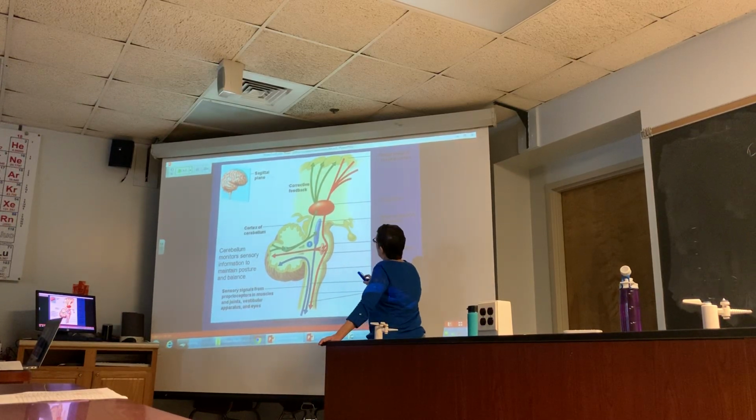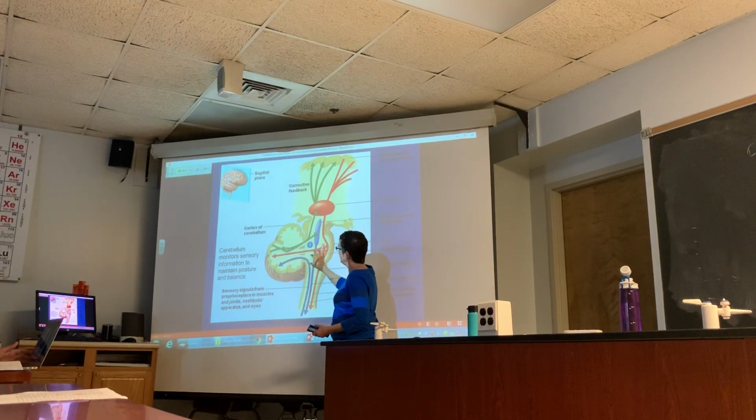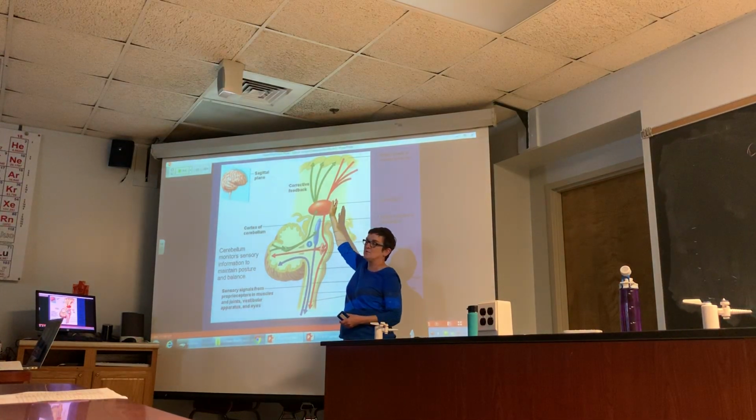But anyway, here is the cerebellum. And the cerebellum cortex is what's doing all this function of monitoring sensory information and then controlling corrective output of muscle. So you've got all this information coming in to the cerebellum, information coming from the cerebrum.